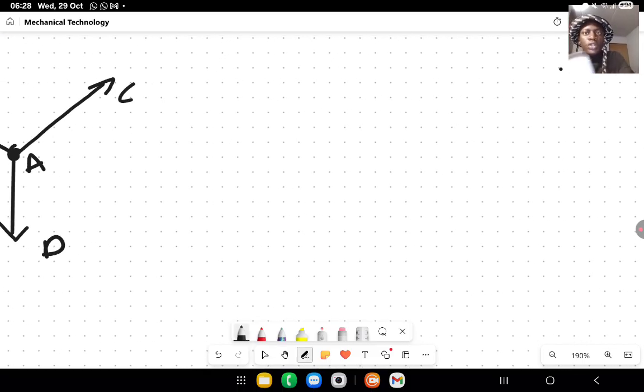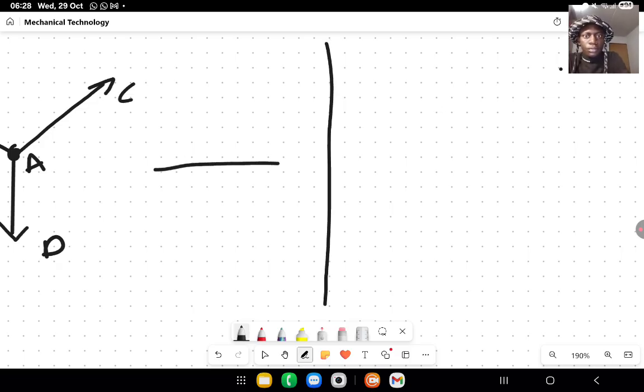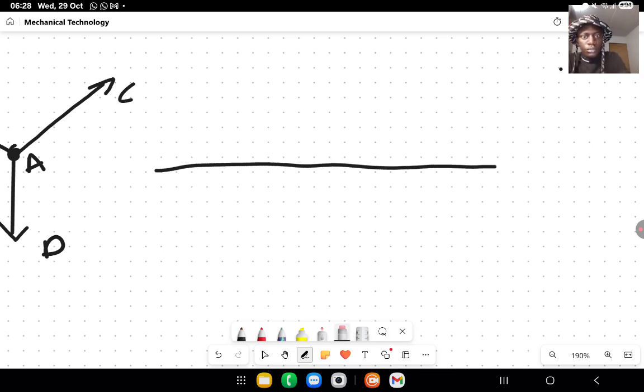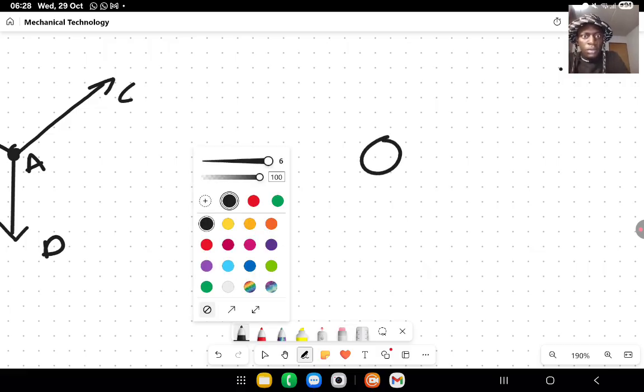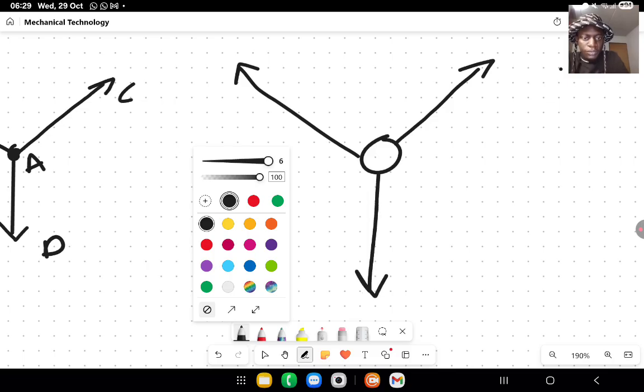Now we are going to have our Cartesian plane. Let's say we have a force going this side, and a force going this side, and a force going this side.